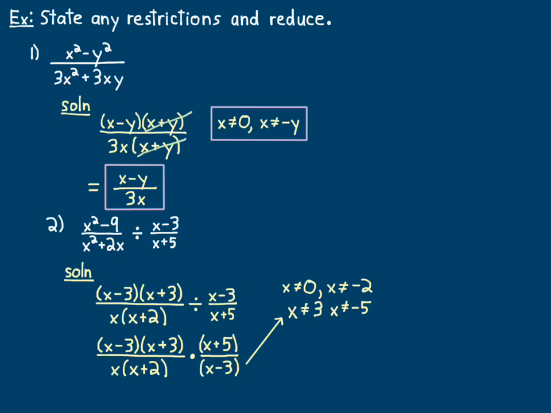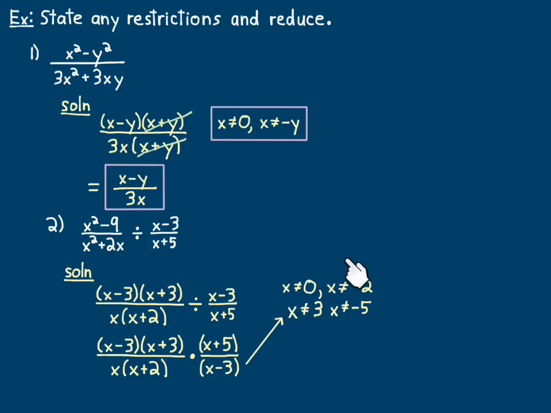So the thing I'm dividing by, the rational expression I'm dividing by, neither the numerator nor the denominator can be 0 as it works out, because x plus 5 is the denominator at first, and then after you do the reciprocal, it's the numerator, and x minus 3 is the denominator, right?